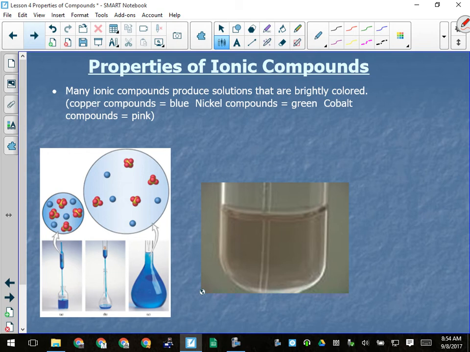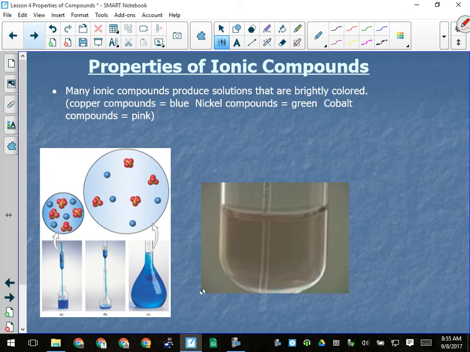Cobalt-containing compounds tend to be anywhere from a faded pink to a bright red, right? But all cobalt-containing compounds will make pink to red solutions. The nickel-containing compounds will be green and make green solutions, and the copper-containing compounds will make blue. All right? Is this something I should definitely be on the lookout for when I'm just looking at all my unknown compounds?